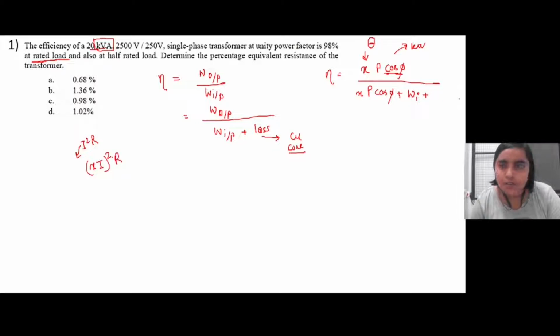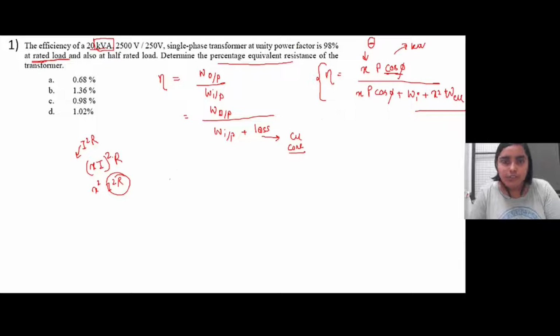So it will be x squared I squared R. This is the copper loss, so let's denote this by WCU. We are going to use this formula in order to extract the losses, so that we can determine the percentage equivalent resistance.